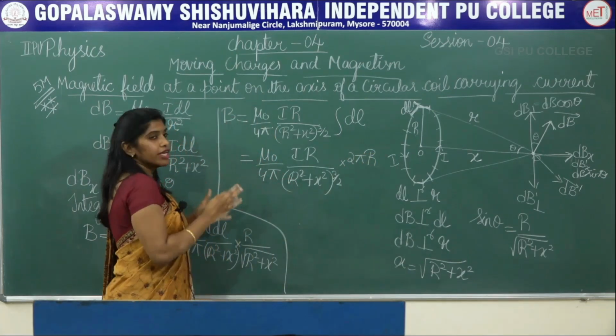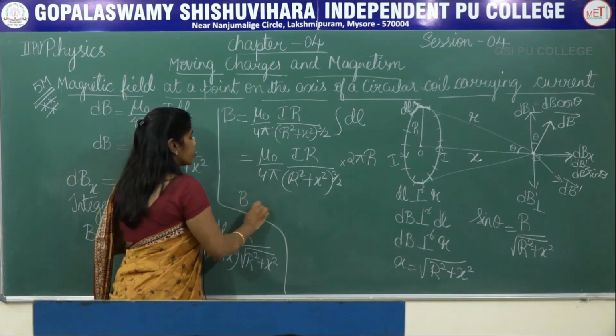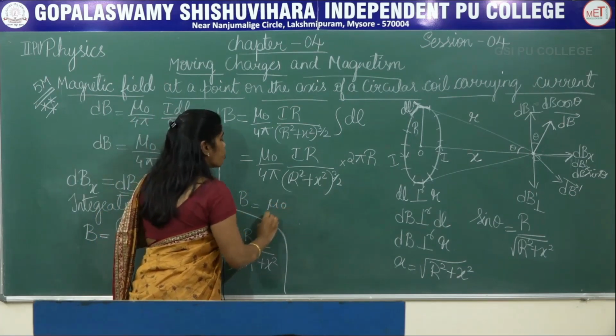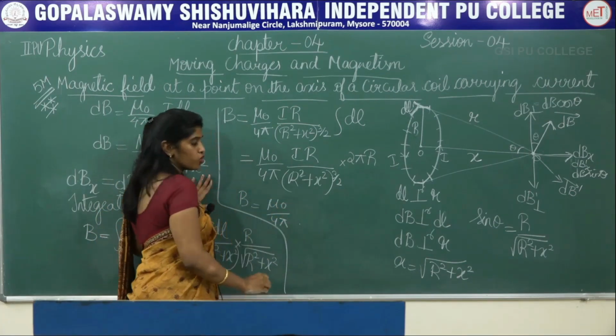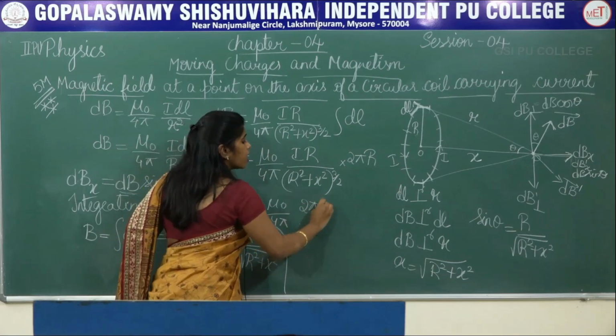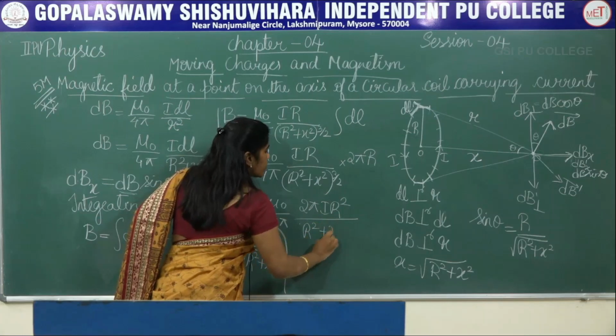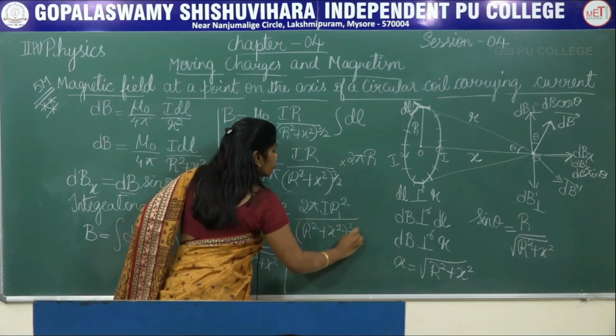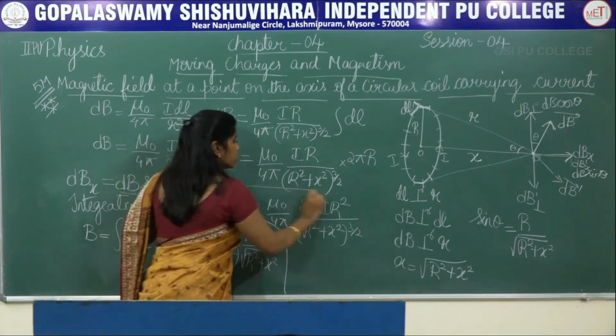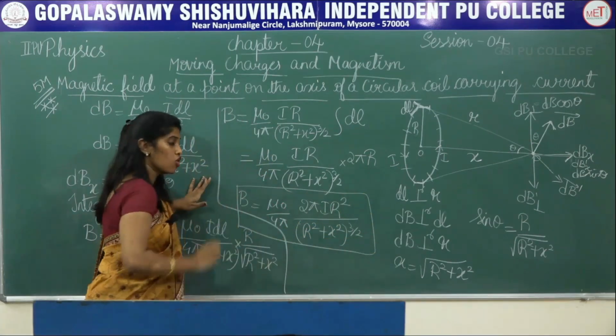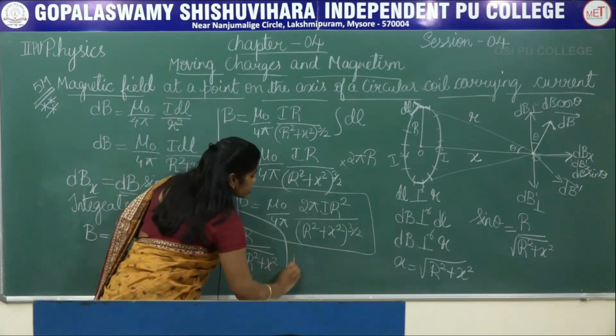Now you can write the final equation two ways. You can write this as mu naught by 4 pi into 2 pi I R squared divided by R squared plus x squared whole power 3 by 2. This is one way of writing the equation. Or you can cancel these things.